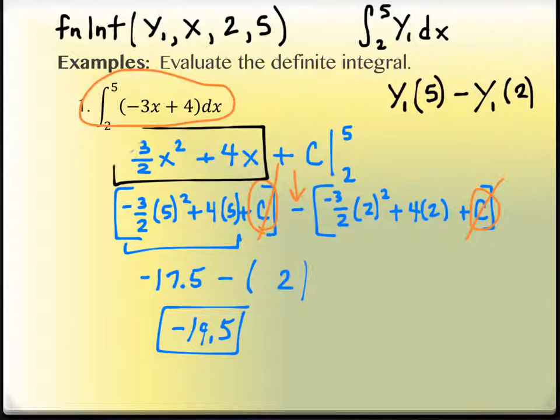That's the simplest way to enter it. You have to have the x at the end. You have to have a 2 on the bottom, a 5 on the top, and you put y1 in the middle, or you could actually enter negative 3x plus 4. Looking good. And then when you hit enter, it should also tell you negative 19.5. Does it? Did anybody's not tell them the right value?